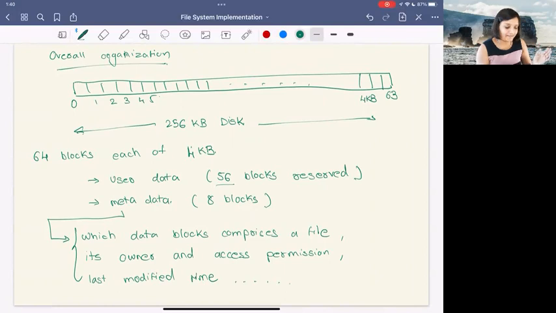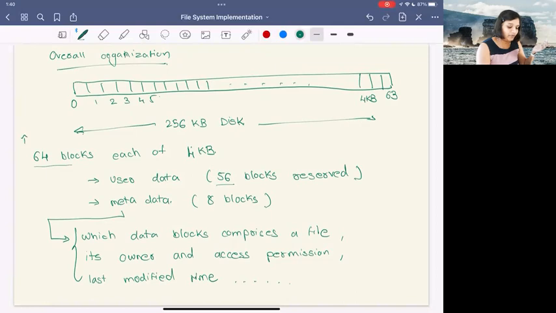So all the calculations we are doing here are proportional to the capacity. Definitely, if we have a larger disk, we wouldn't be using just 64 blocks; we'll have more blocks.